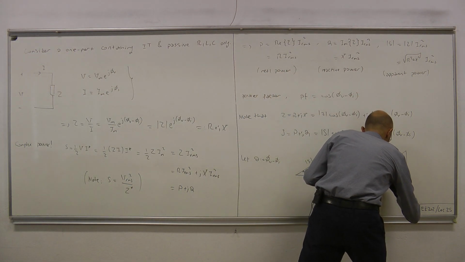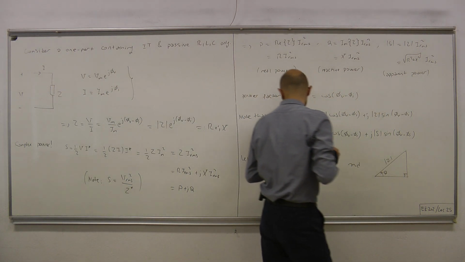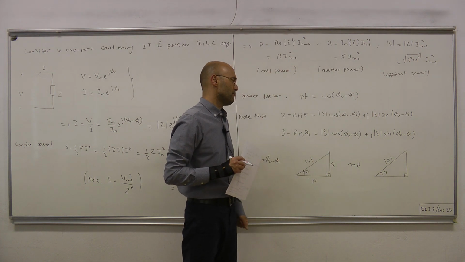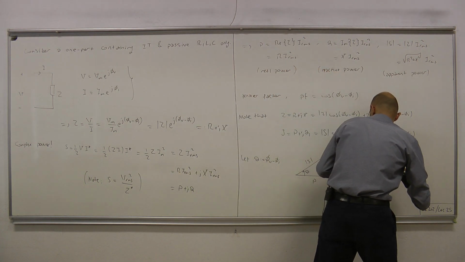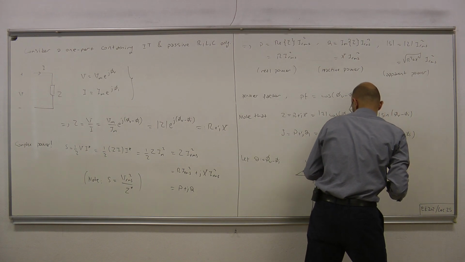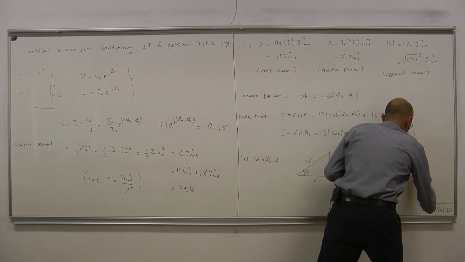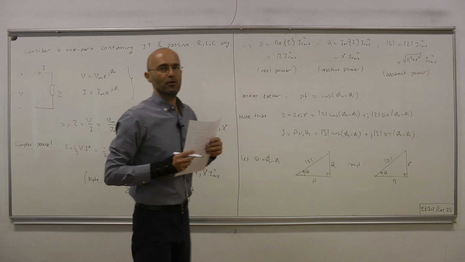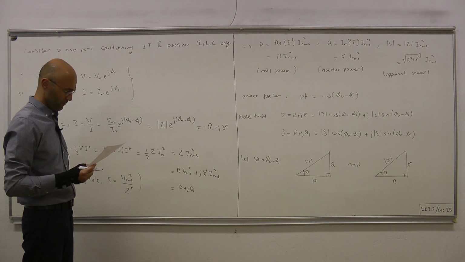Here we have the same angle theta, which is phi v minus phi I. This is the resistance, and here we have the reactance corresponding to our impedance.